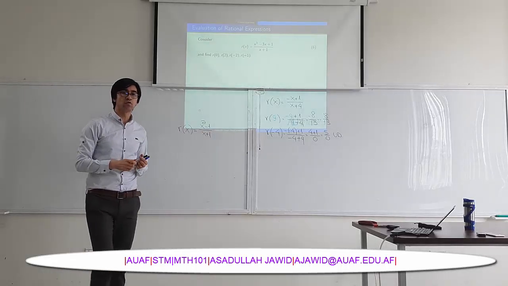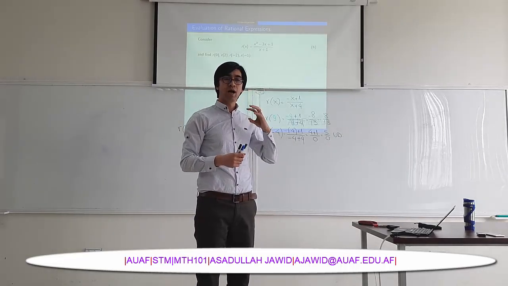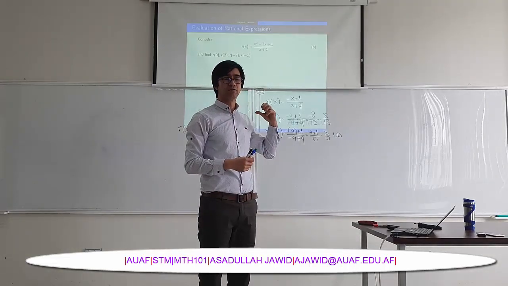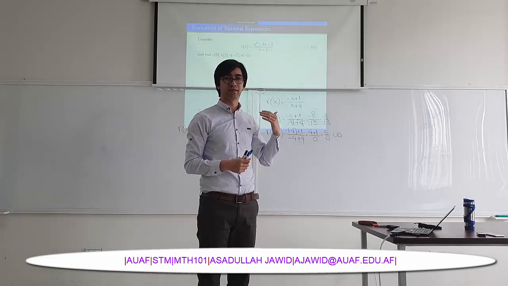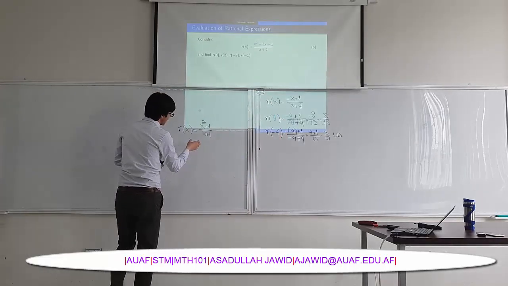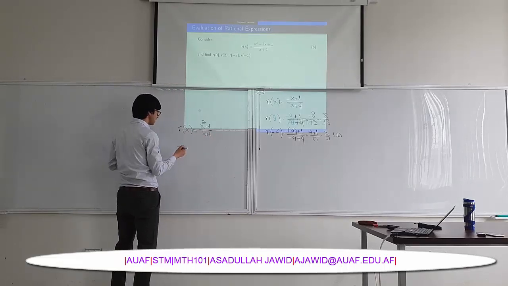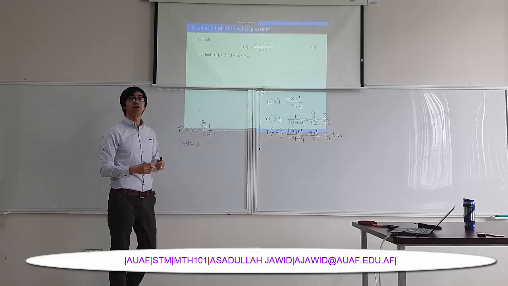If I want to find the value of x for which this rational expression does not exist or is undefined, I let the denominator be 0. That means I let x plus 1 be 0 and solve this equation.